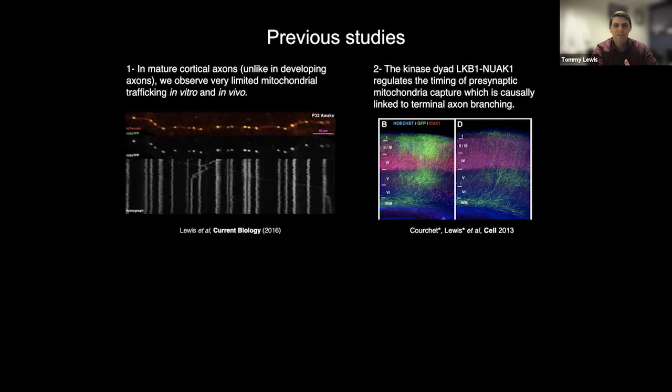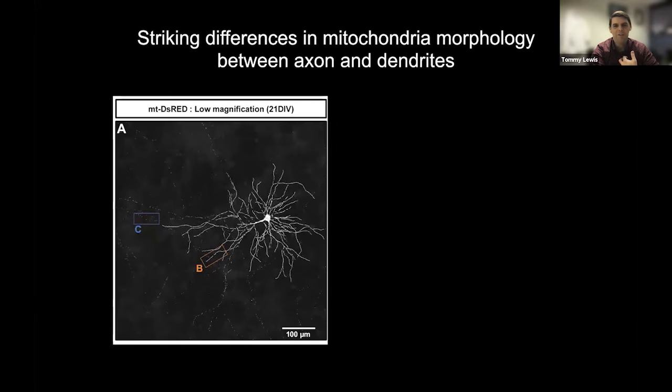But this didn't really get to the main question that my lab and I are interested in, and that is, why do neurons need these two seemingly different populations of mitochondria? Basically, there are three main questions that we are focused on trying to understand this.